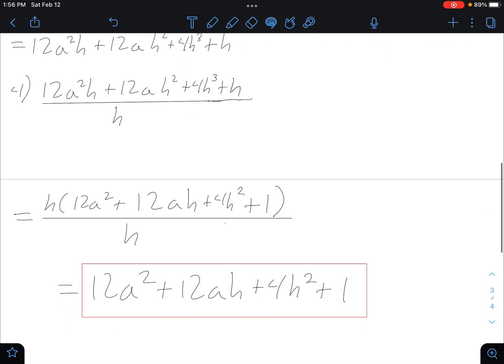That means we can factor out h to get h, parentheses 12a squared plus 12ah plus 4h squared plus 1, divided by h, and the h's cancel out. Let's cancel those out. And then we have our answer, 12a squared plus 12ah plus 4h squared plus 1. And that concludes number 4 from WebWork.